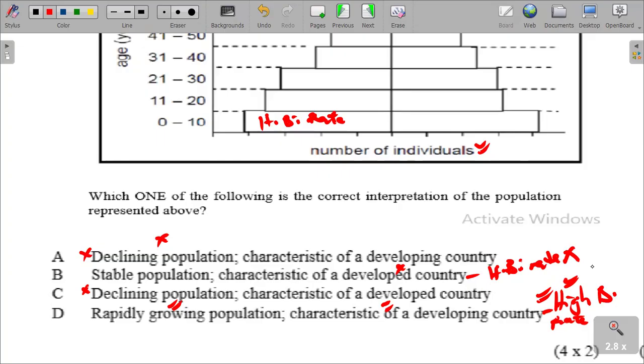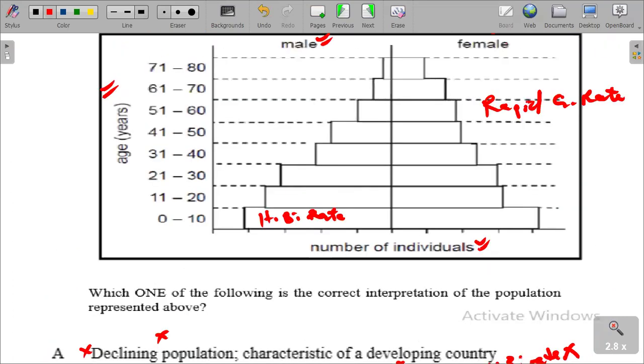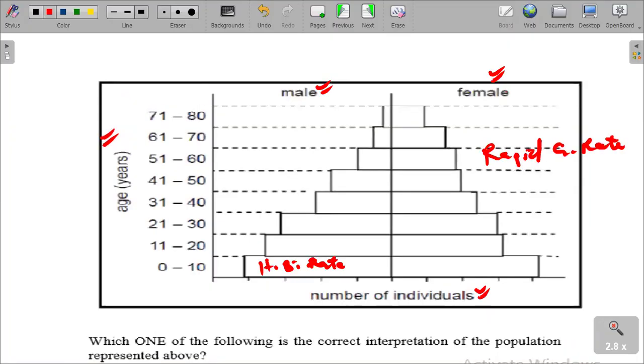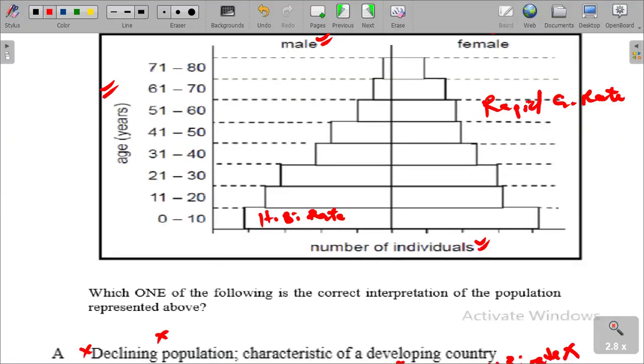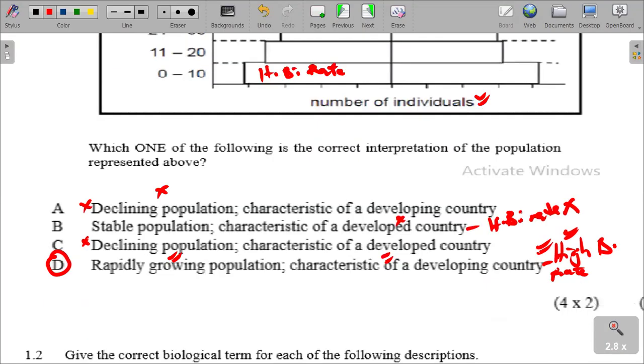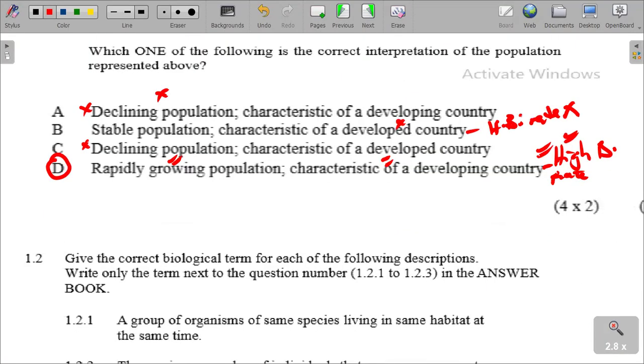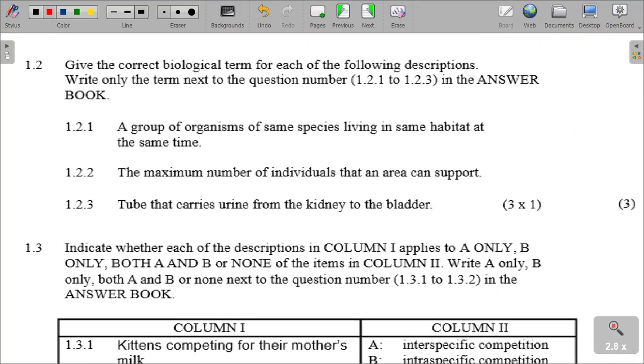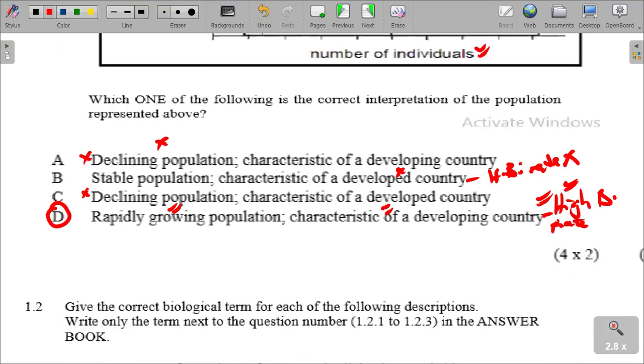So the correct answer must be D. Rapidly growing population, which is a characteristic of a developing country, as you can see there.